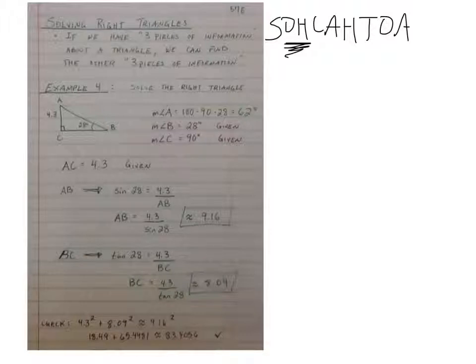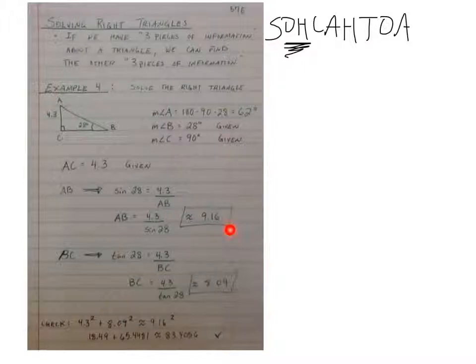So sine of 28 degrees is going to be opposite over hypotenuse. Sine of 28 is 4.3 over AB, which is the hypotenuse. Using algebra, I solve out AB to be approximately 9.16 units in length.